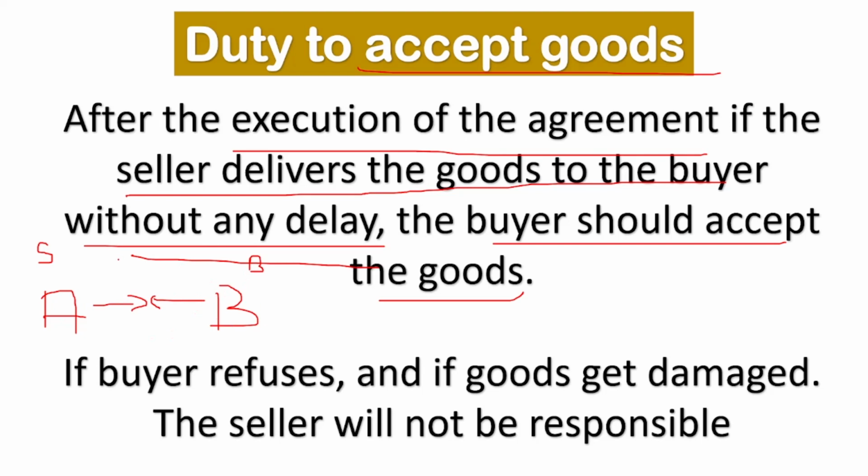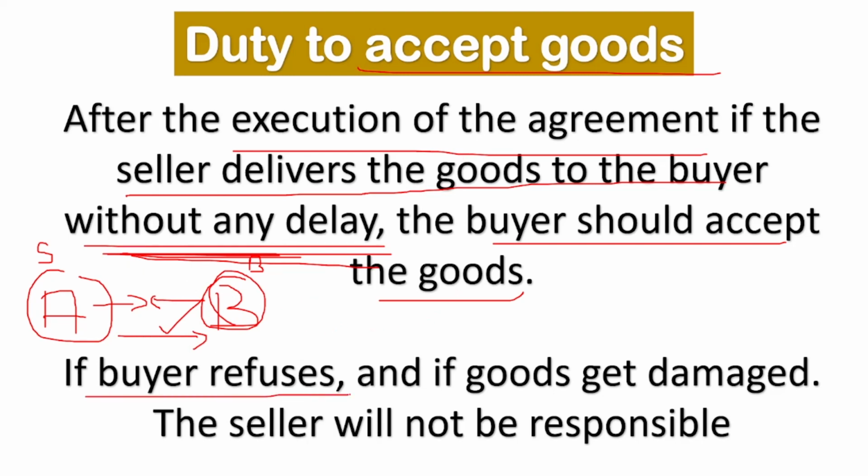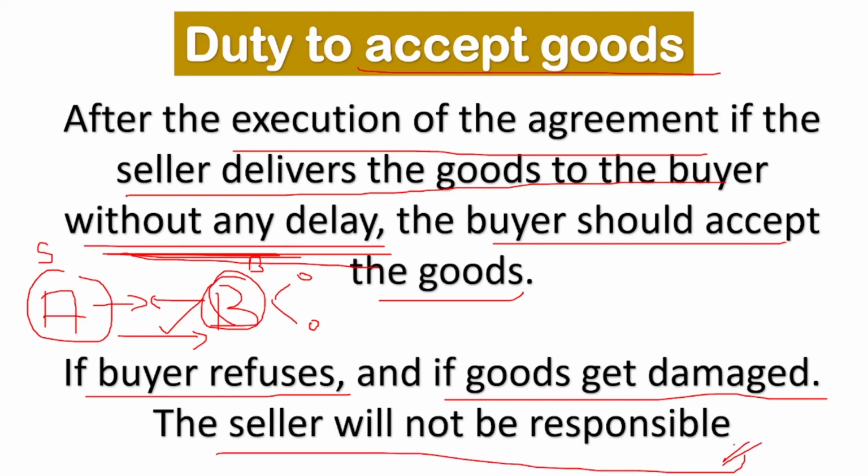Both have agreed, and the seller A delivers the goods to B in time without any delay. That time, B has to accept the goods. By chance, if the buyer refuses, if B says, I will not accept the goods, I will keep it in front of my house only, then if those goods get damaged, the seller will not be responsible.